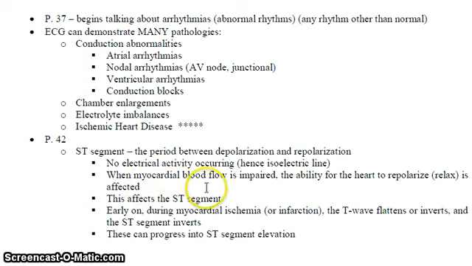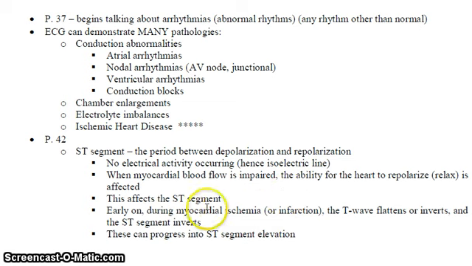When there is a problem, when blood flow is impaired, the ability for the heart to repolarize or relax is affected, and so this affects the ST segment. So that's why during myocardial ischemia, which is decreased blood supply to the myocardium, to the heart muscle, or infarction, which is tissue death due to ischemia.